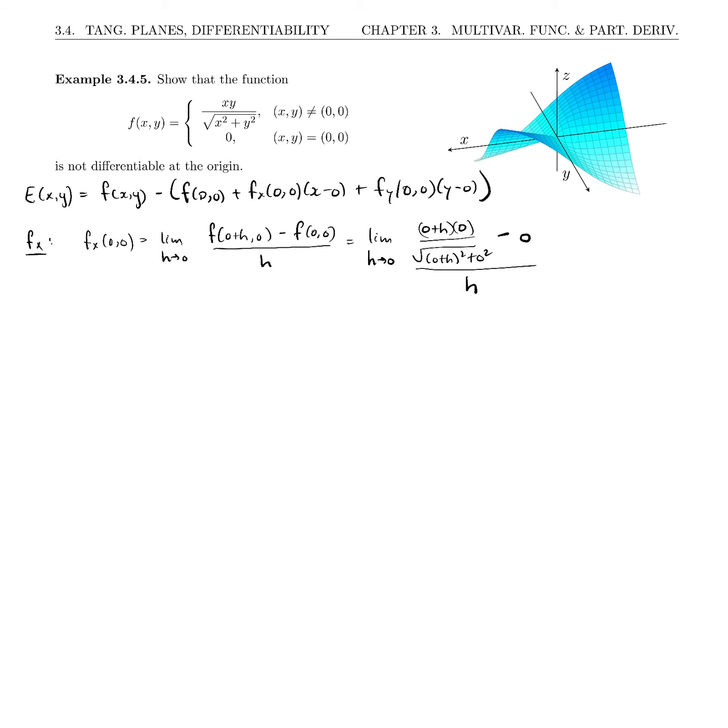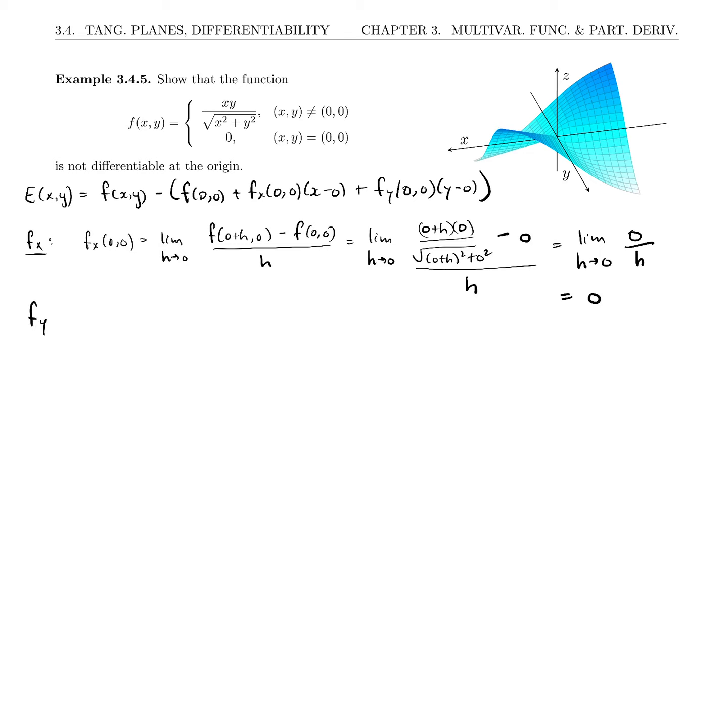This is 0 times the numerator, so that whole fraction is 0 minus 0. We get here the limit as h goes to 0 of 0 over h, which is just 0.